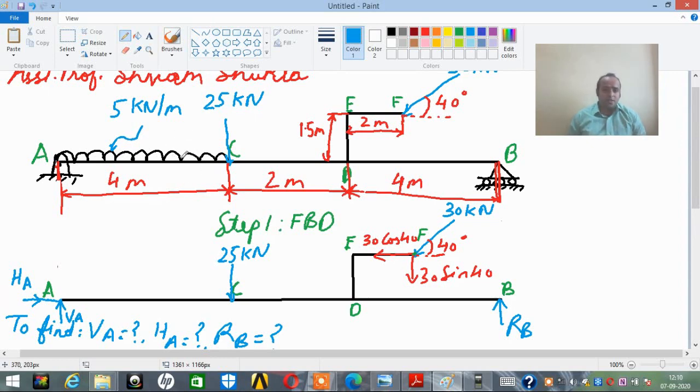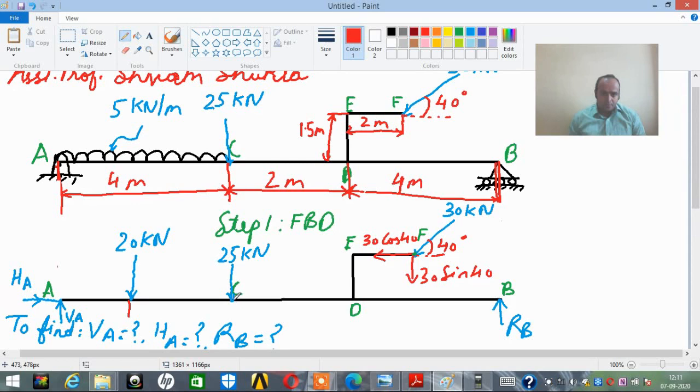That is why it is also known as rectangular loading. Area of a rectangle is length into breadth, so it will be 5 into 4, that is 20, and it acts exactly at the center of the span. I can show it over here. This will be 20 kilonewton, since it's a point load.